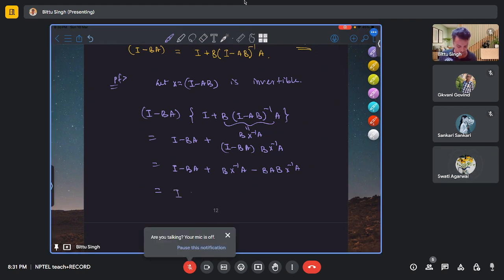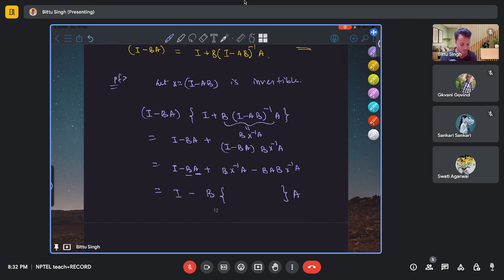Now the remaining thing will be, if you take B and A common, because there are B and A on the left and right side, then take B common on the left side, A common on the right side. Then the first thing will be identity, and next thing will be X inverse, and here it is actually AB X inverse, right?